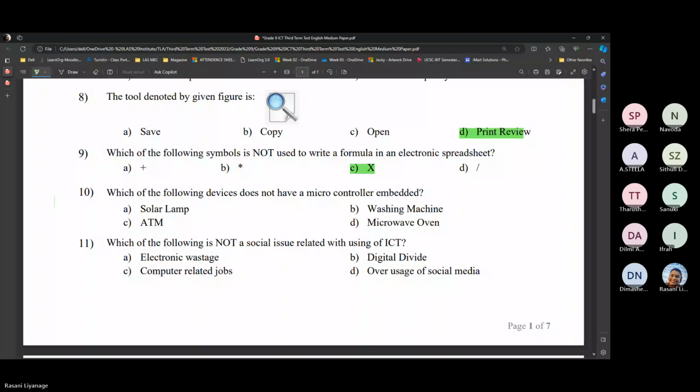Yes, miss. Okay. So the device is ATM over here, but without the microwave oven, you might have some other devices. You will have microcontroller embedded devices.